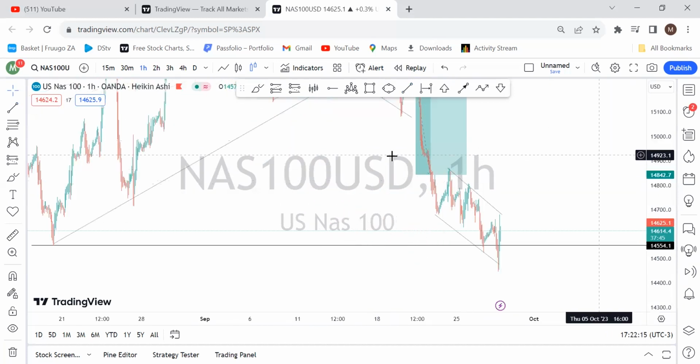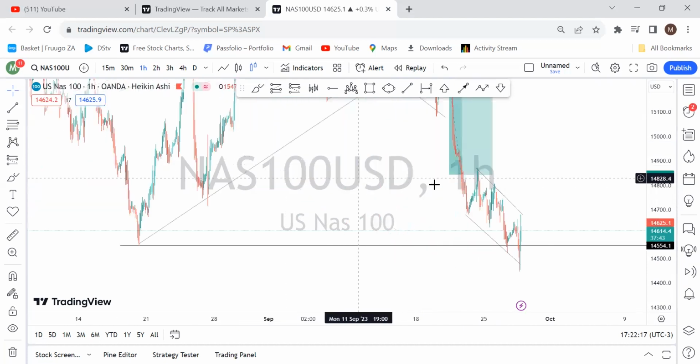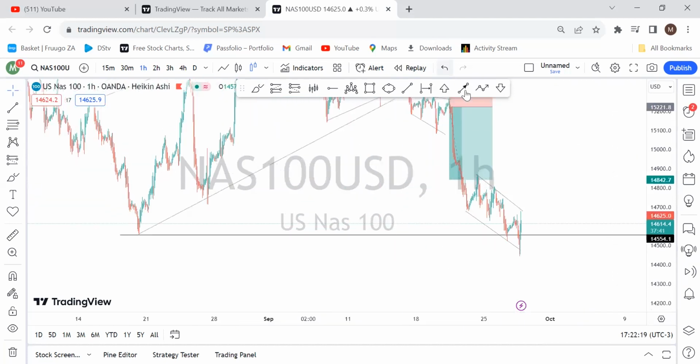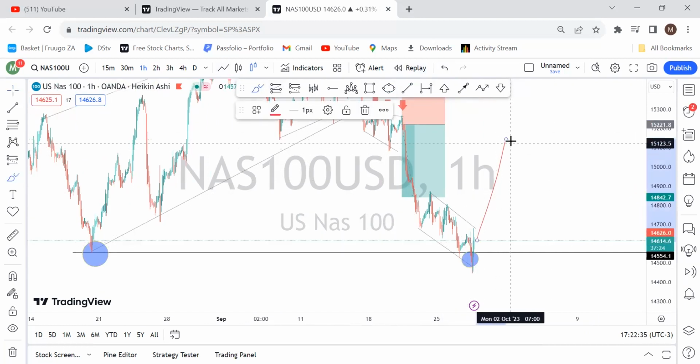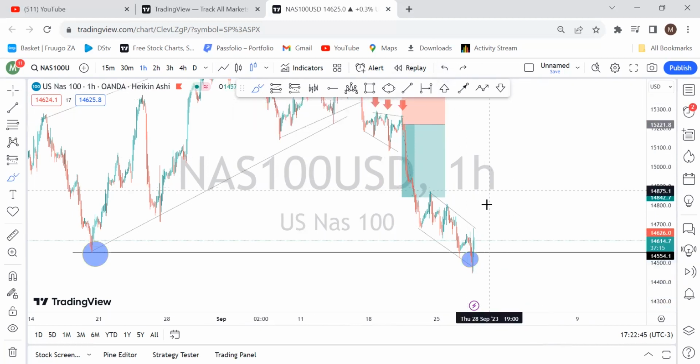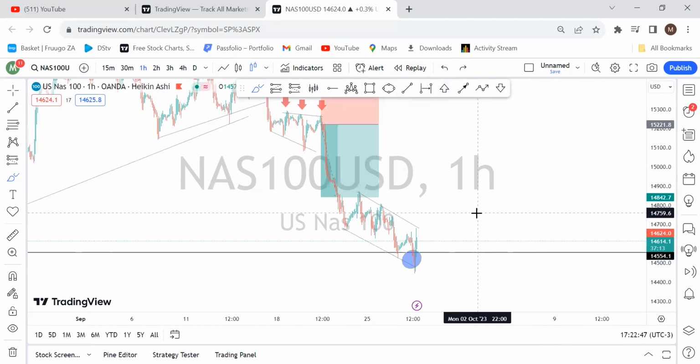So it looks like we have a reversal correction since we are at the previous low, meaning we could respect it and the price reverses and goes for a buy, right? Just like that. But it also could be a false reversal and the price could sell. So we need to figure out how we're going to enter it for a buy.